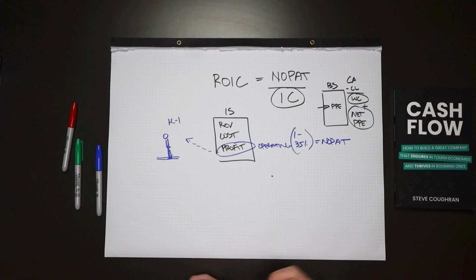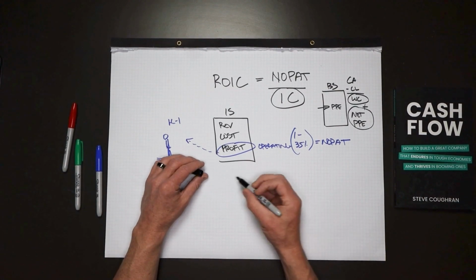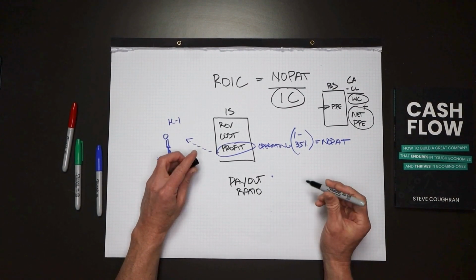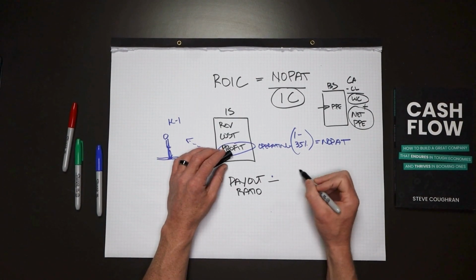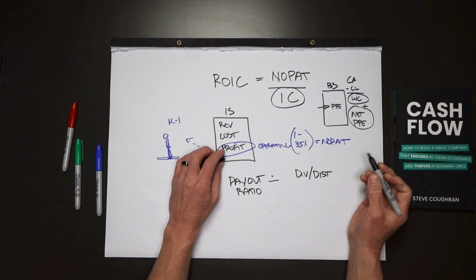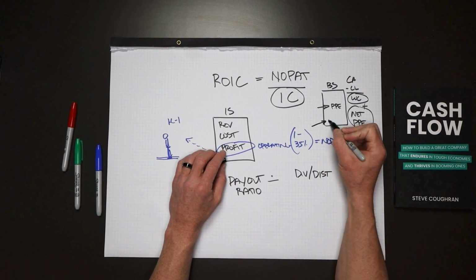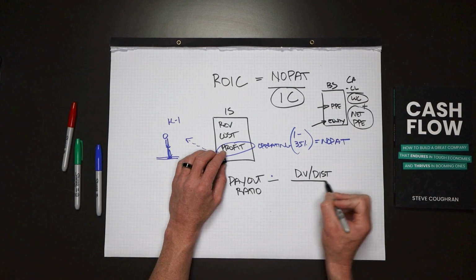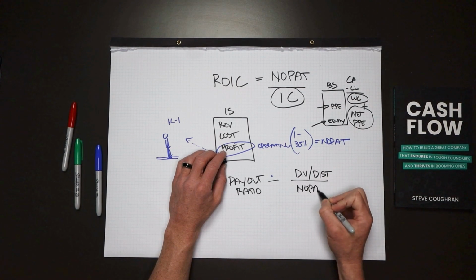The next thing that you need to know is your payout ratio. And the way you find this is you just take your dividends or distributions that you take as a business owner, and that's right here on the balance sheet under equity, but figure out how much you're taking in dividends or distributions and just divide that by your NOPAT.